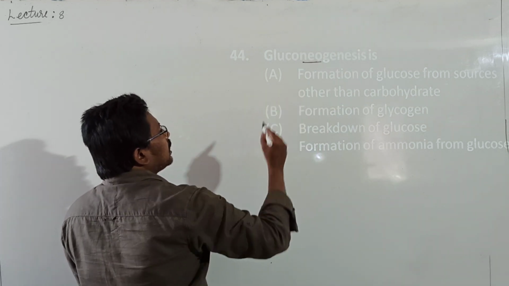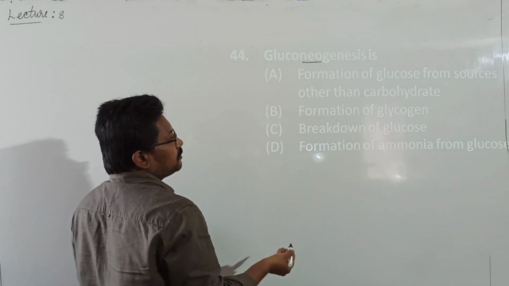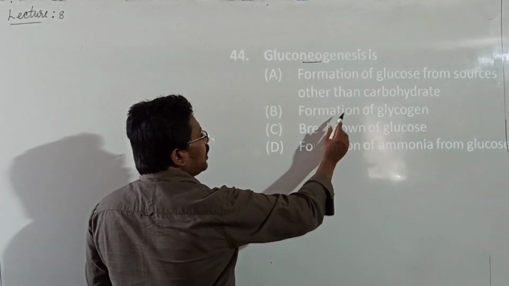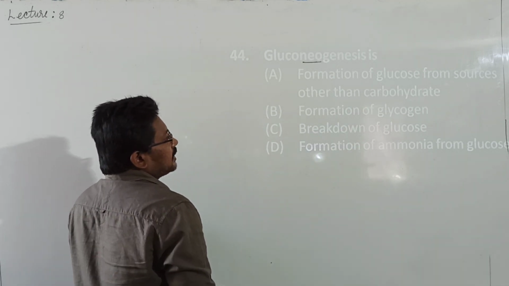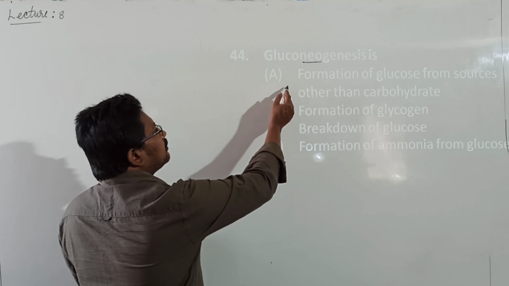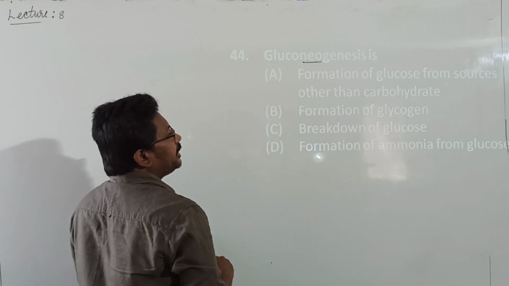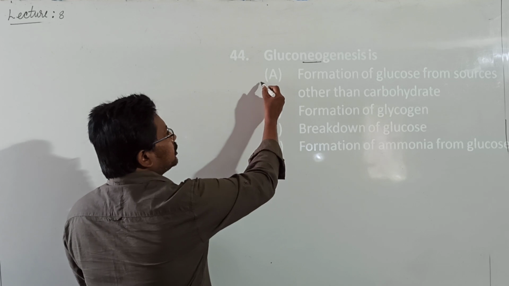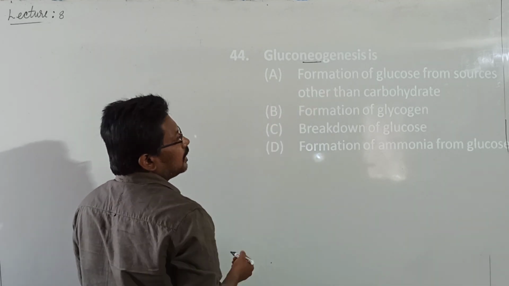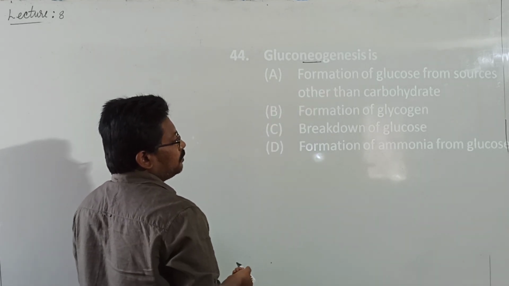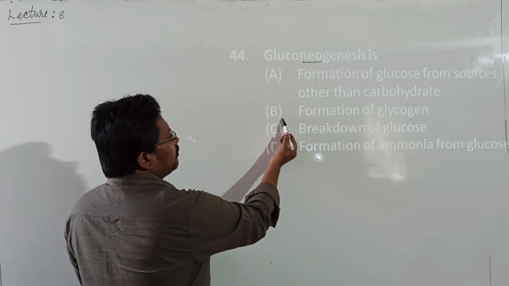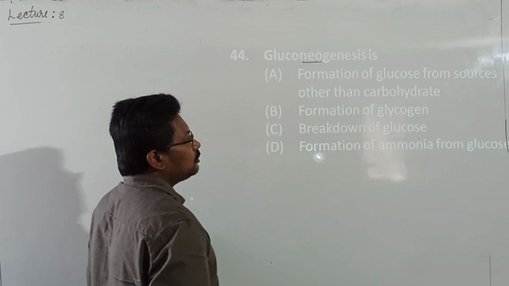So glucose production from substances other than carbohydrates is what we call gluconeogenesis.